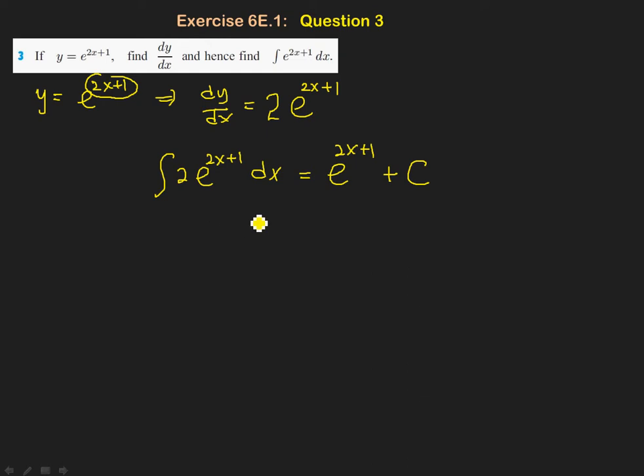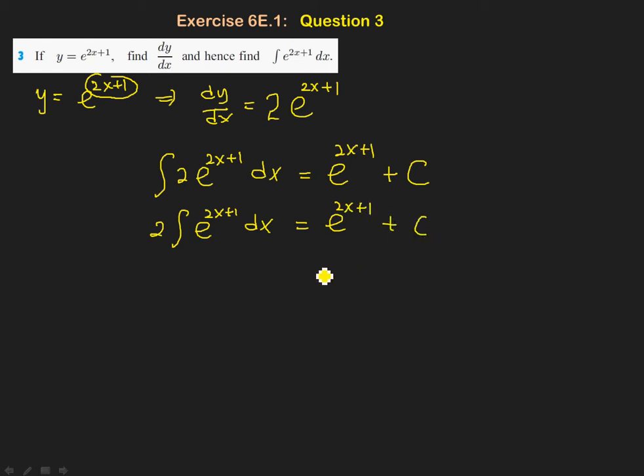However, the question asks you to get this and not 2e to the power of 2x plus 1. So we should be able to factor this. In the dx, write the 2 in front.